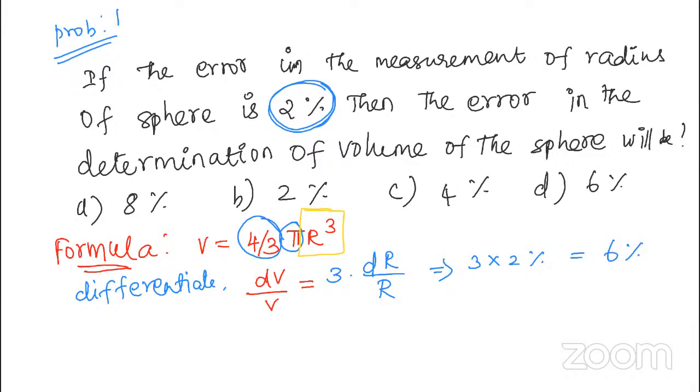So option D is the correct one. This is a simple formula and simple logic. Up to this, is it clear, children? It is easy to follow.